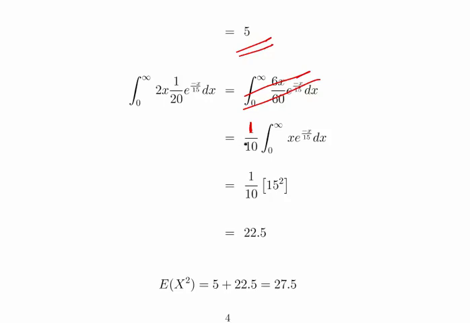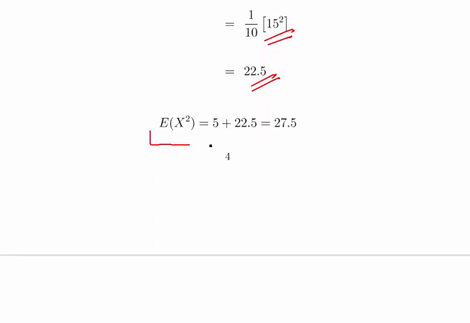1 over 10, which is 2x over 20, or 2 over 20, times the integral from 0 to infinity of x times e to the minus x over 15 dx. And again, that's 15 squared, which is 225. 225 divided by 10, that is 22.5. So the expected value of x squared is 5 plus 22.5, which is 27.5.